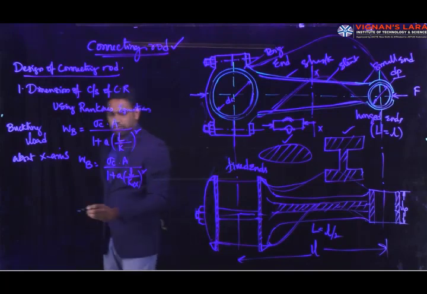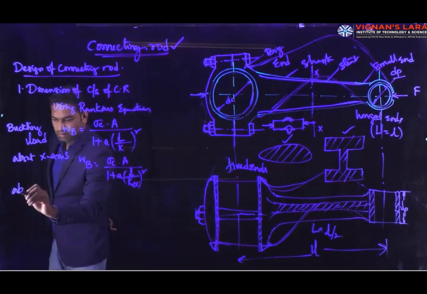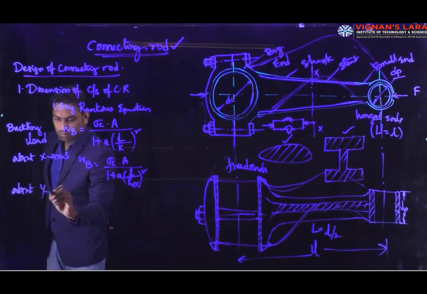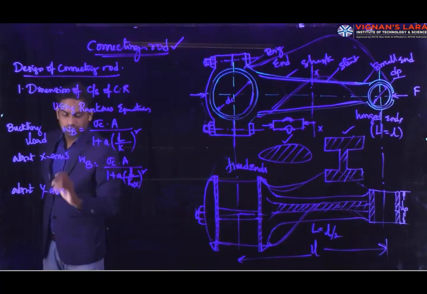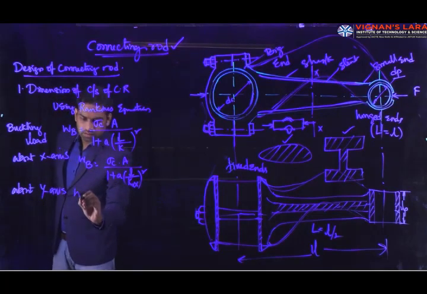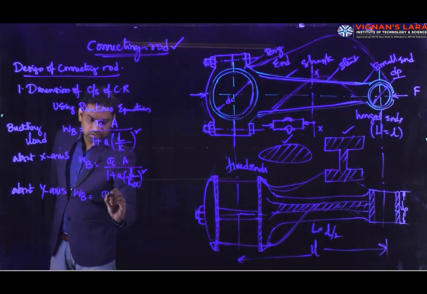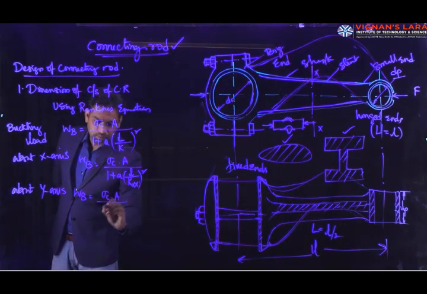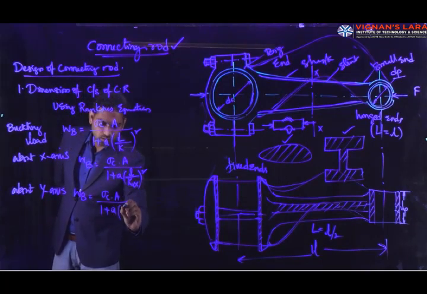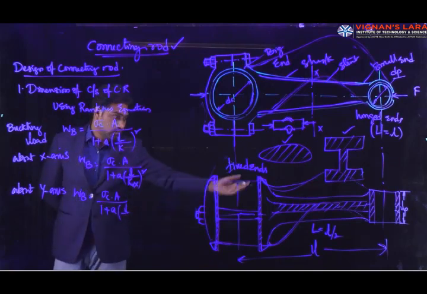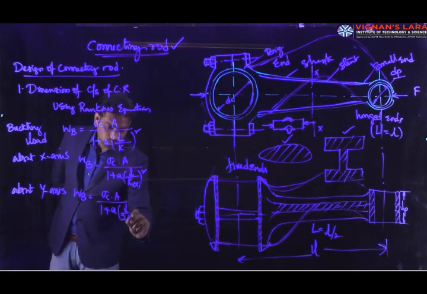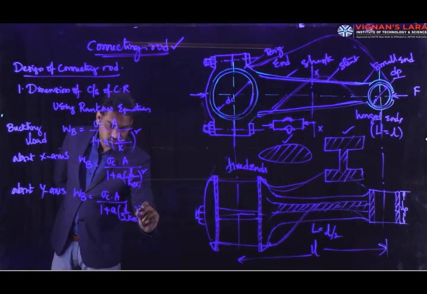Similarly, about the y-axis, perpendicular to the plane of rotation, the buckling load WB is given by sigma c into capital A into 1 plus small a into, here the effective length is L by 2, so 1 by 2 into kxx whole square.